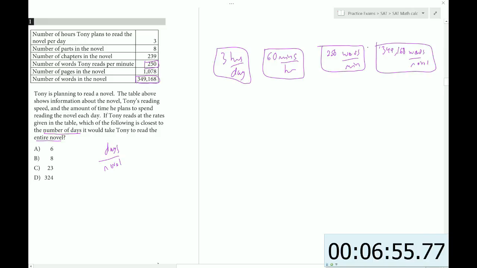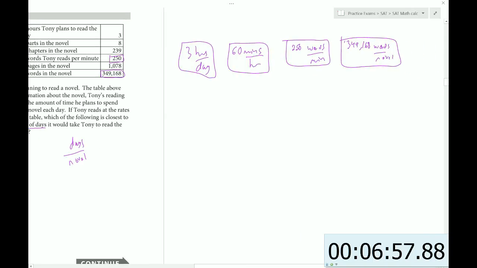So if we use these four in a clever way, we should be able to get days per novel, right? So we have days here and we have novels here. So let's start with days on top. So we'll use 1 day with 3 hours. The reason why I start with days on top is because it's here. Then we go 1 hour on top, 60 minutes on bottom. So that gets me out of hours and into minutes.